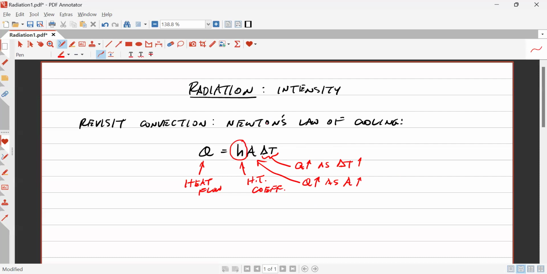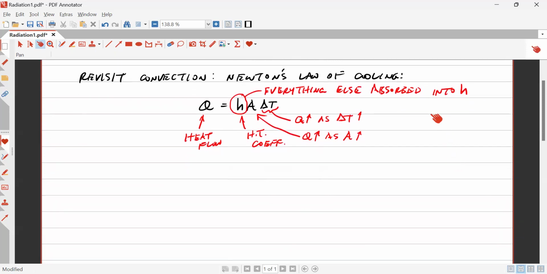Everything else is absorbed into H. The idea there is that you take what looks simple on the surface, but it boils down to how do you get H? Of course, there's been a lot of work into figuring out how to get H, and you use Nusselt correlations and whatnot, and that's how you end up getting it.